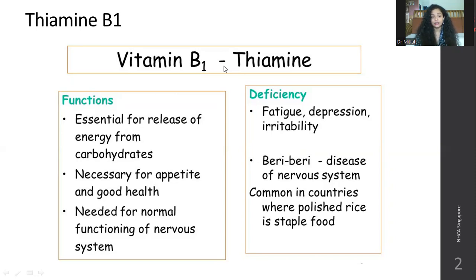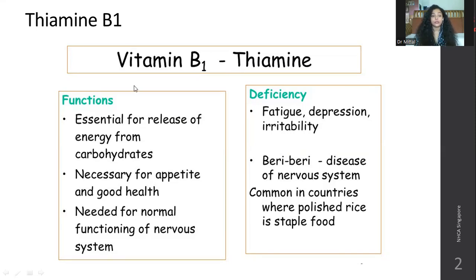You will notice that for all the upcoming B complex vitamins, you will see some similarity in the functions, how they act, and in which part of the body system they are important for general well-being and health. Even in deficiency you will see certain similarities, how different B complexes, when deficient, show up with the same signs and symptoms.